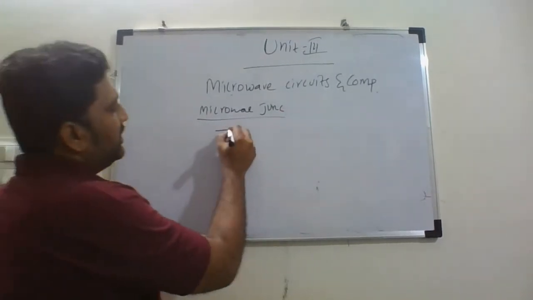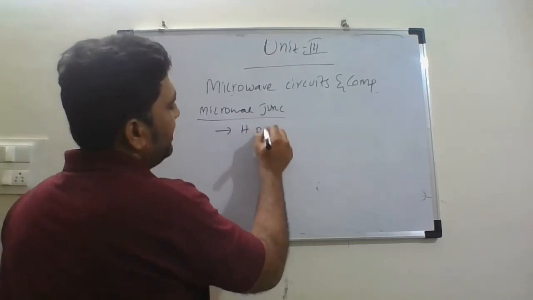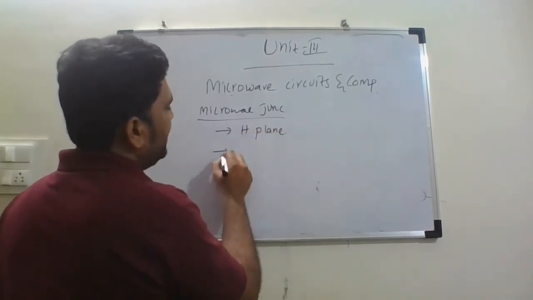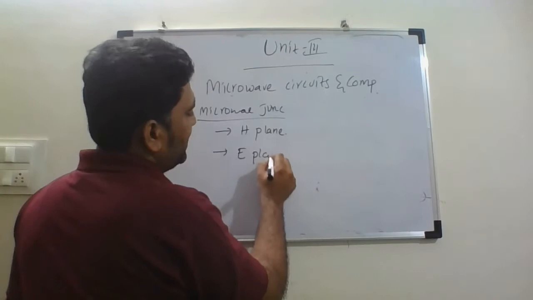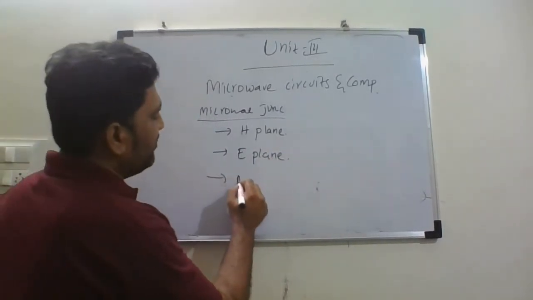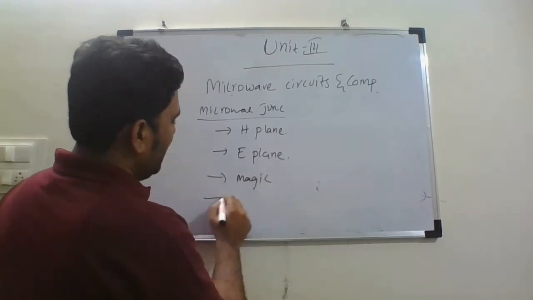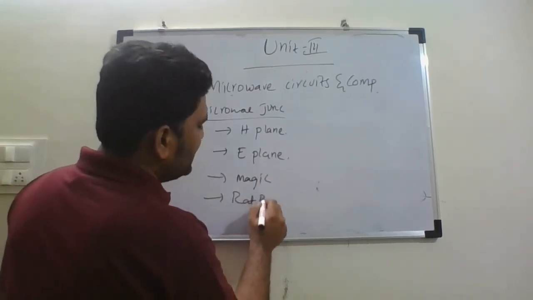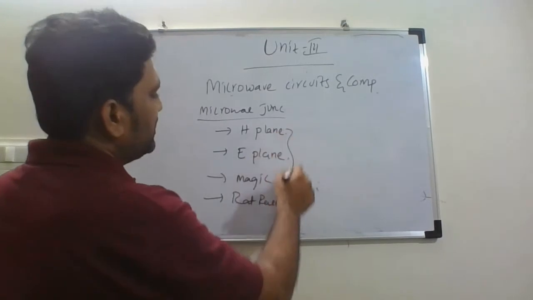Like the T junction, there is the H plane T. We will study what an H plane T is, where it is used, and what its properties are. Then we will study the E plane T, then the magic T, and then the rat race T junction.